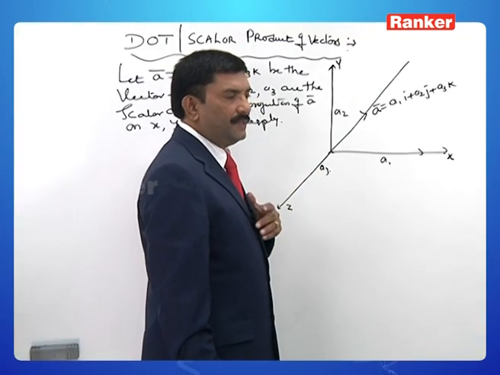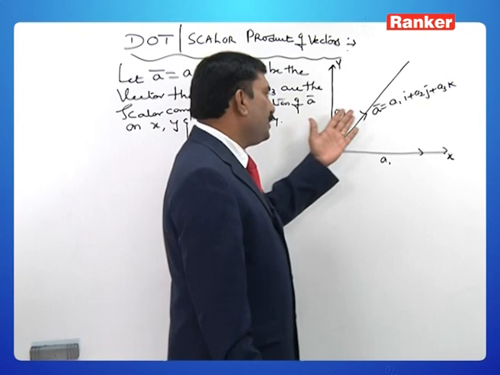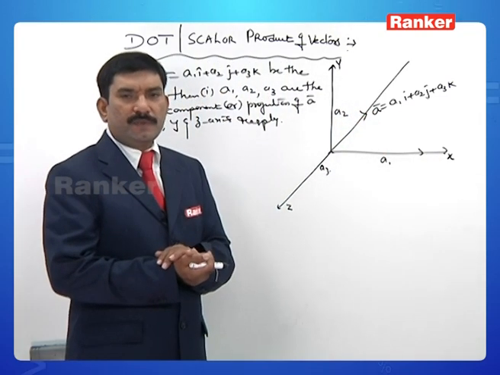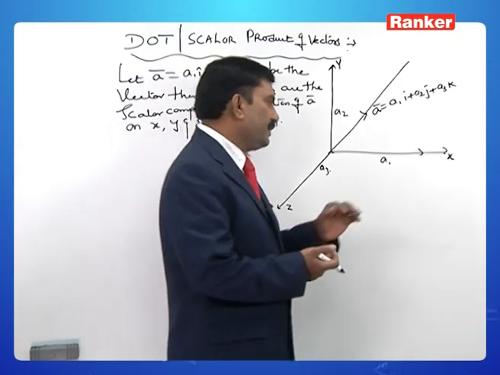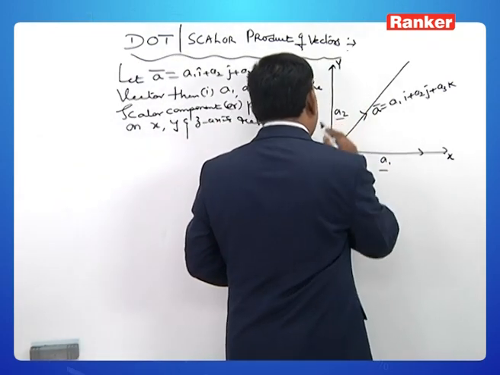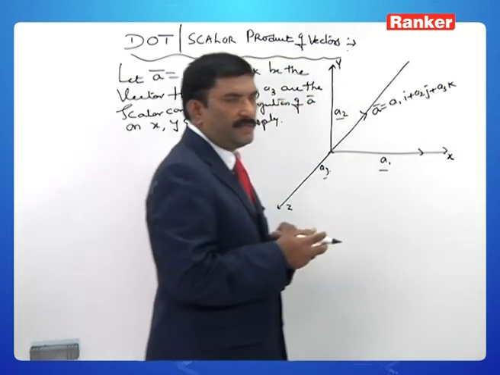Or in other words, the projection of A bar on the x-axis is A1, on the y-axis A2, on the z-axis A3.